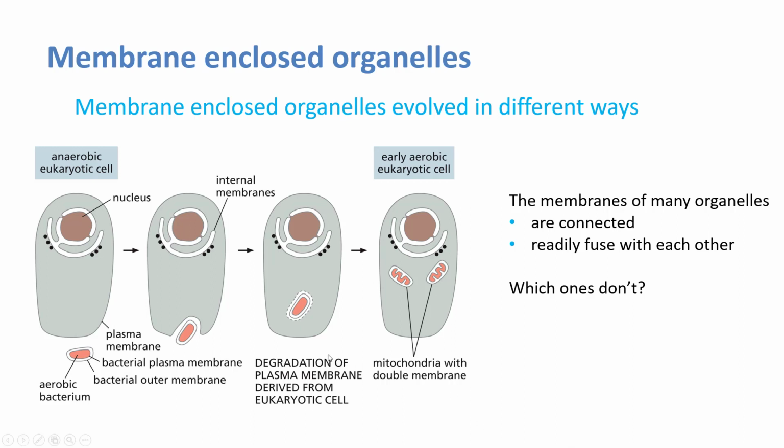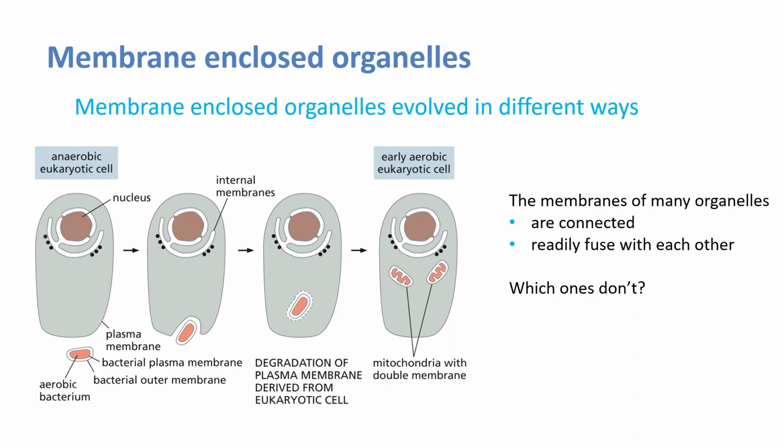And then the mitochondria were formed with a double membrane around them, with an origin from that aerobically respiring bacteria. And we also saw how chloroplasts were formed in a similar way to this, by the engulfing of a photosynthetic bacteria. So there's two quite distinct mechanisms there of formation of these organelles.